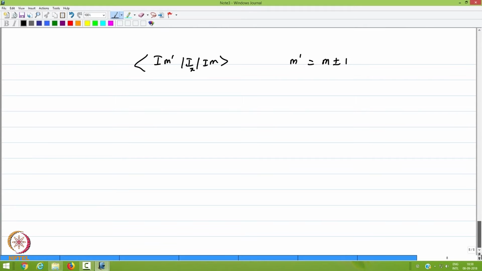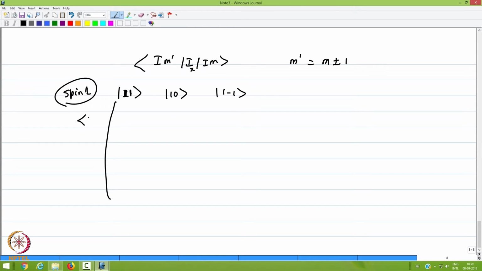Therefore, if you write this in the matrix notation, generally for example, let us write this for spin 1. The im will be 1 1, 1 0, 1 minus 1, and the bra states are 1 1, 1 0, 1 minus 1. Now, this element is 1 1 ix 1 1.